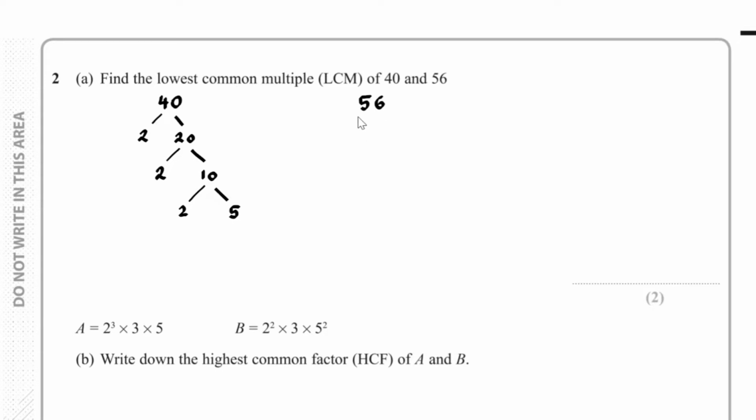Similarly, with the 56, we can split this up as 2 multiplied by 28. The 28 we can split up as 2 times by 14. And the 14 we can split up as 2 times by 7.